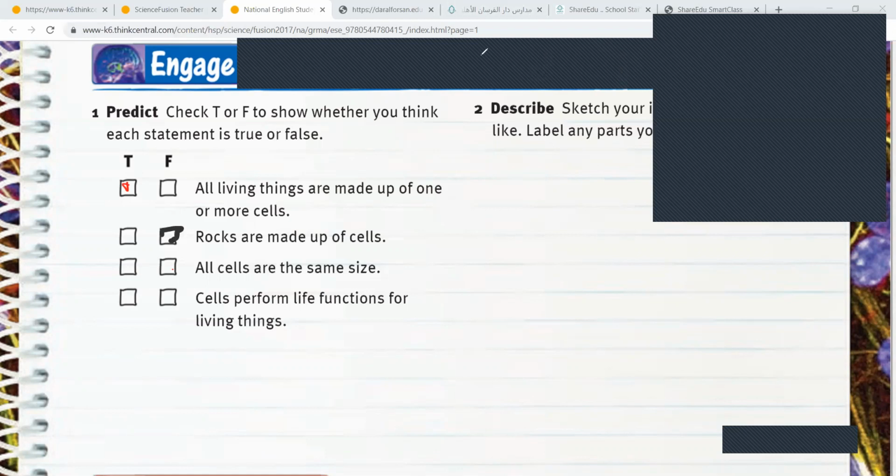So here, cells perform life functions for living things. It's true.